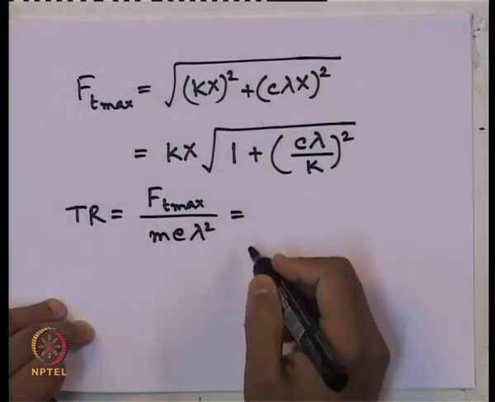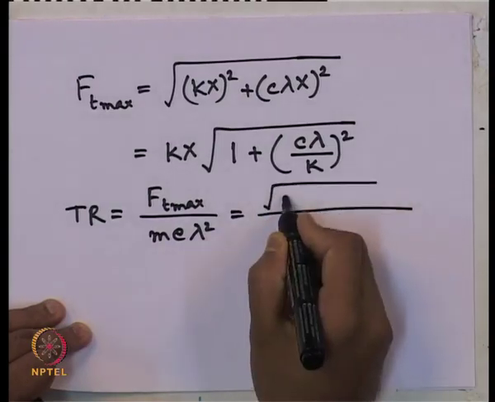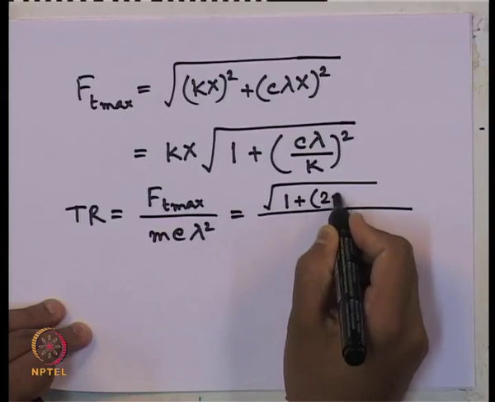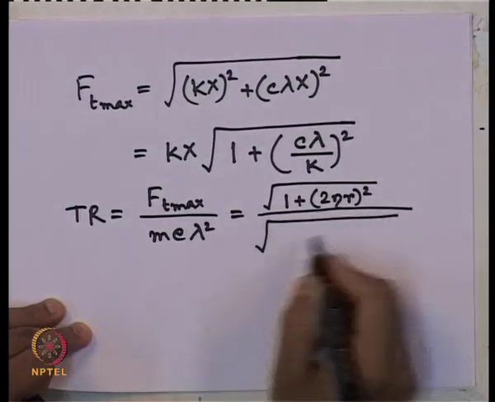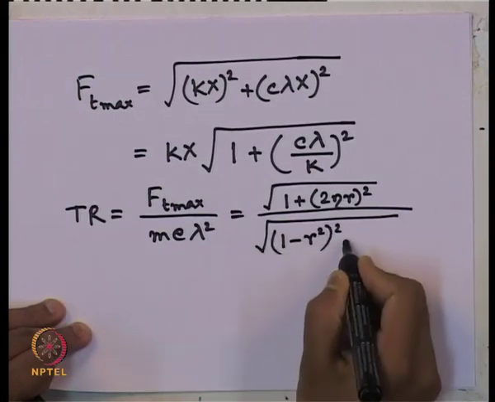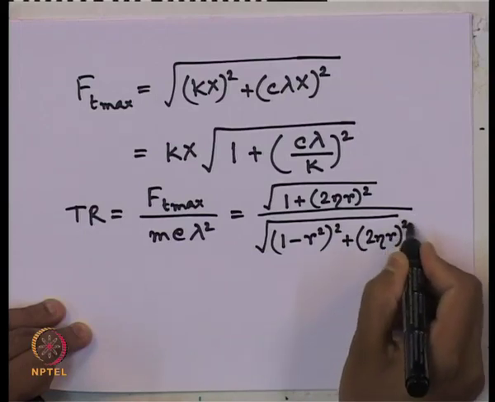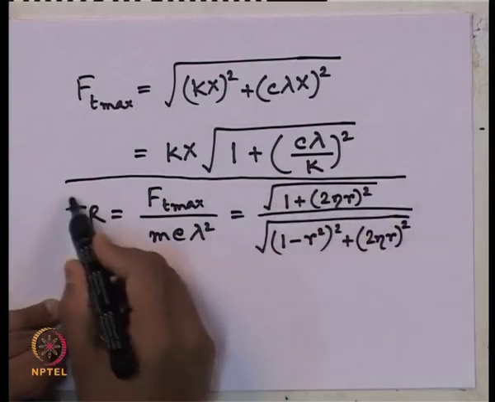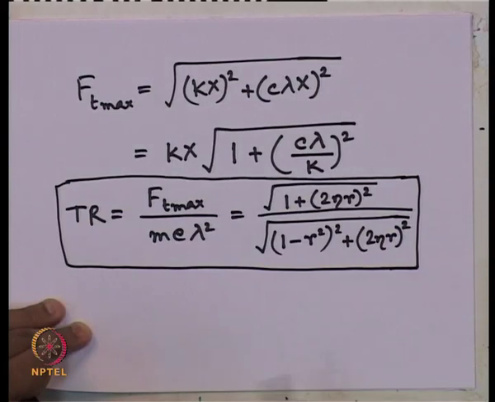If we put this expression and simplify, finally we get this expression: root over 1 plus 2 eta r whole square, divided by root over 1 minus r square whole square plus 2 eta r whole square. So, that is the expression for the transmissibility ratio for any system.